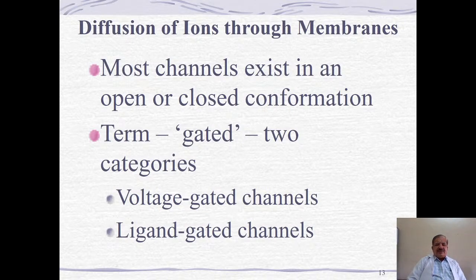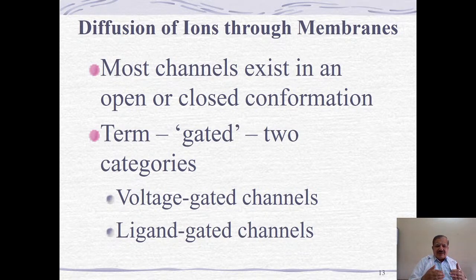Most ion channels exist in an open or closed conformation, and are called gated channels. As the gates open, ions can enter; if the gates are not open, they cannot. So they are called gated, like gated communities.